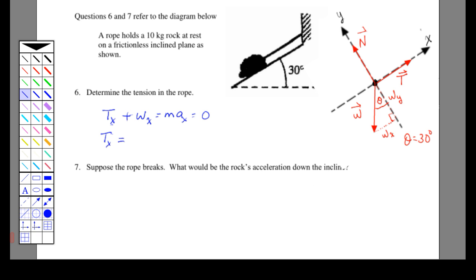And Tx doesn't have a y component, so its magnitude is just going to be the x component. And from the equation above, this is just equal to minus the x component of the weight. Now the x component of the weight is this side of the triangle down here.